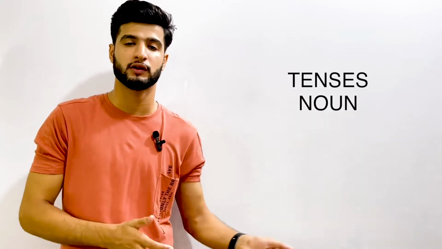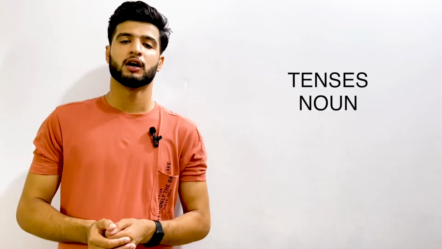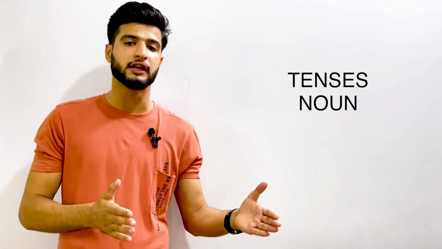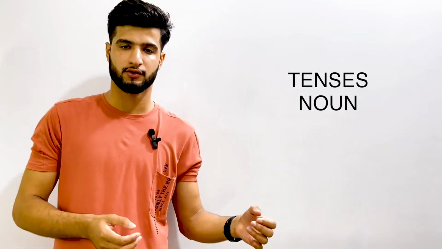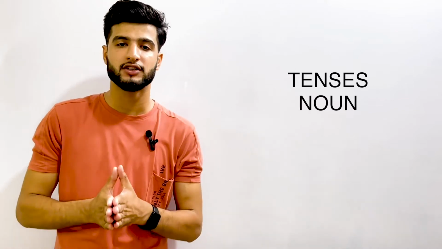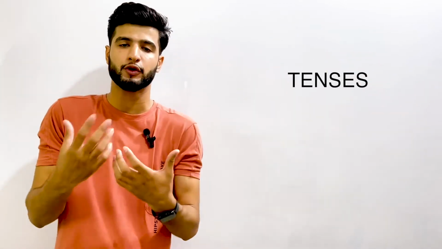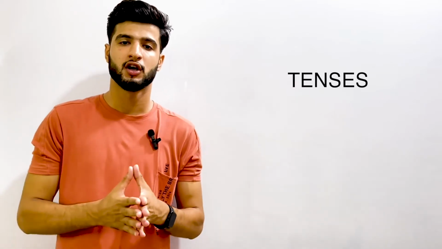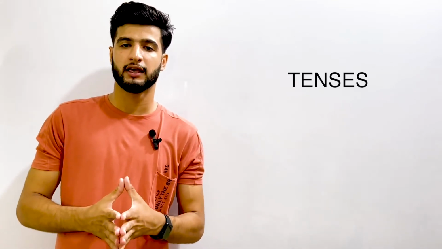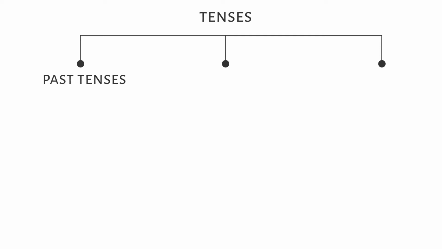Yes, we do have 12 tenses, but the major tenses are three, and every tense has 4 categories. Those 3 major tenses, which are frequently used and also called the basic English language tenses, are past tense, present tense, and future tense.